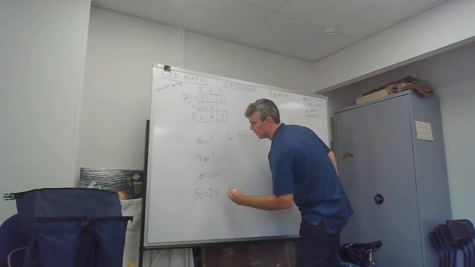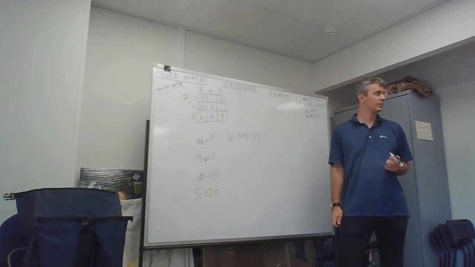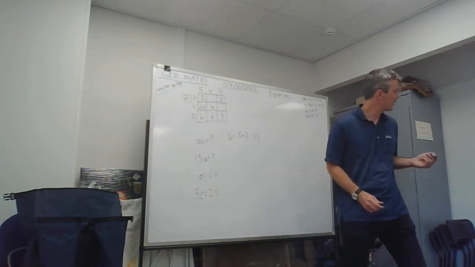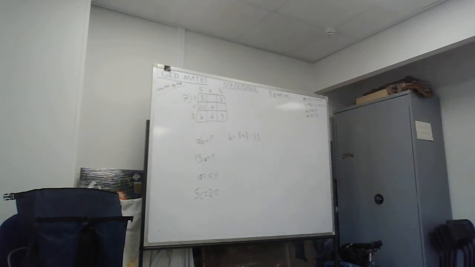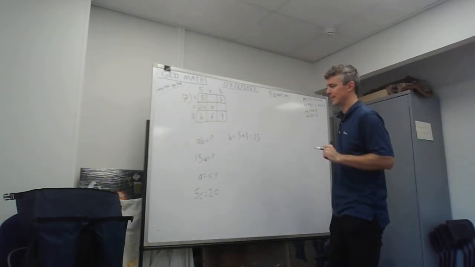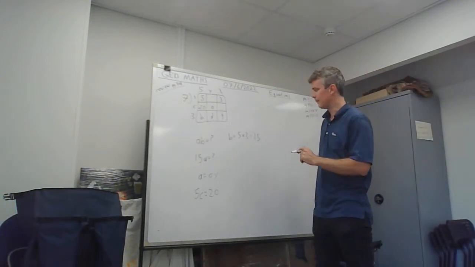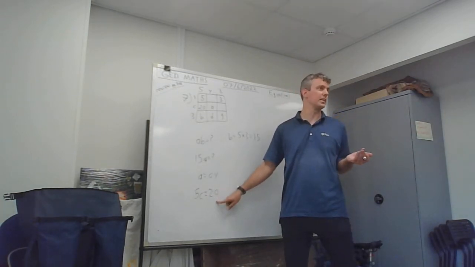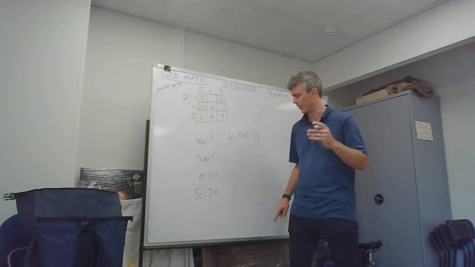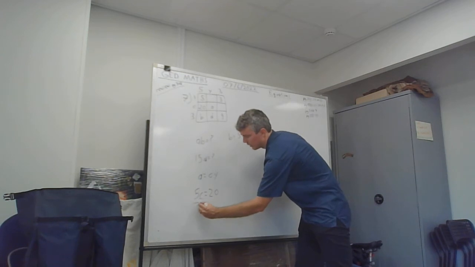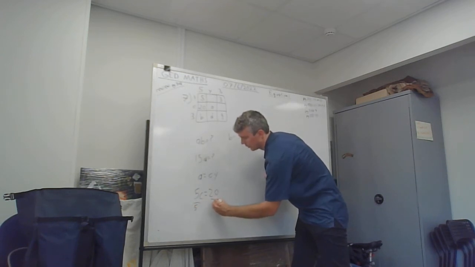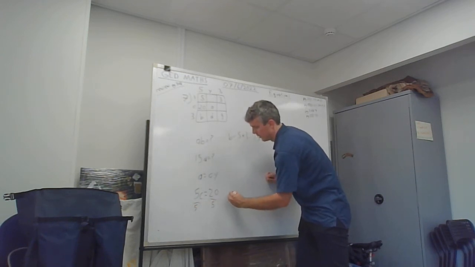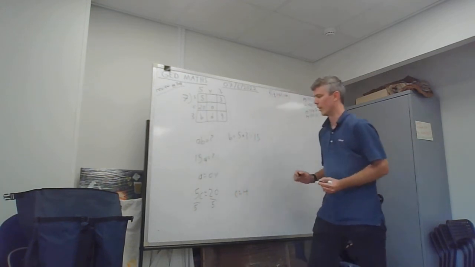So now we can solve for C. What is C? 4, right? We can divide both sides by 5, since we've learned equations. So therefore, C equals 4.